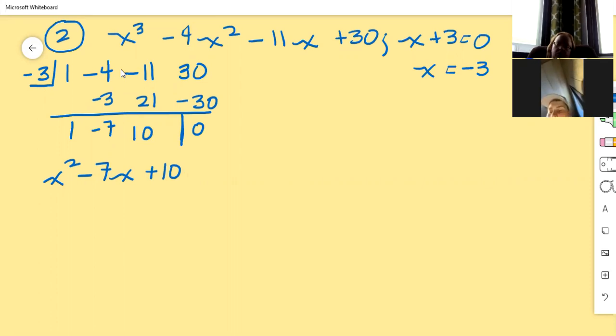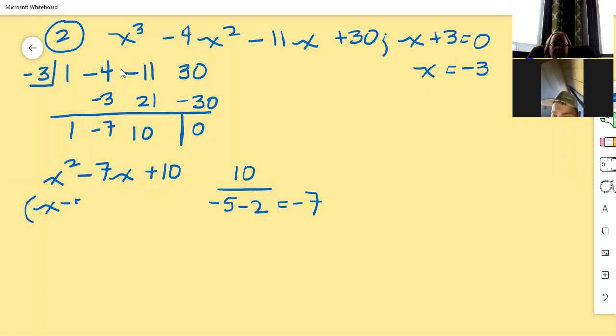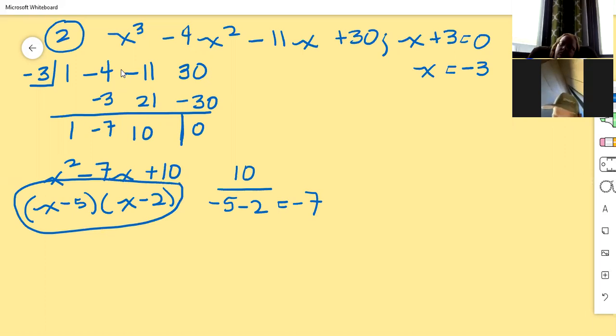Factor it. So it'd be -5 and -2. Yep, -5 minus 2 equals -7. Good. And so the two remaining factors will be x minus 5 and x minus 2. Perfect. Yep, you got it.